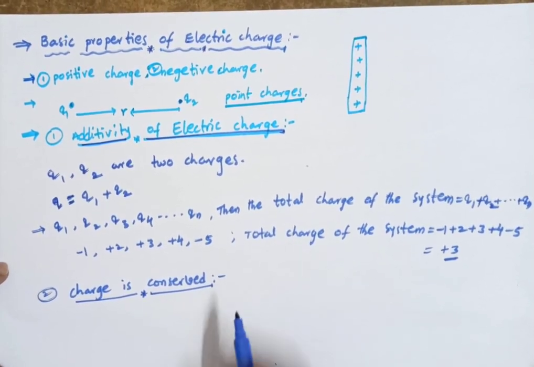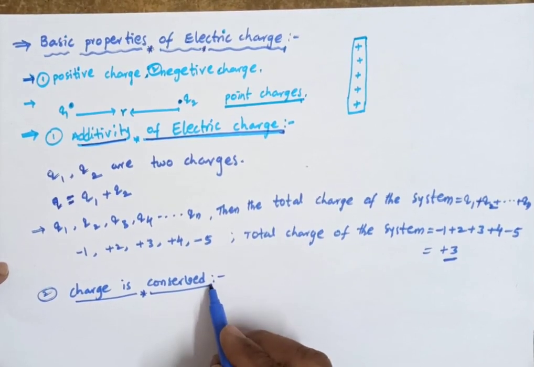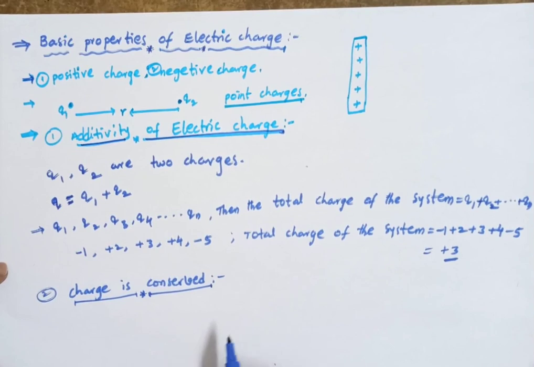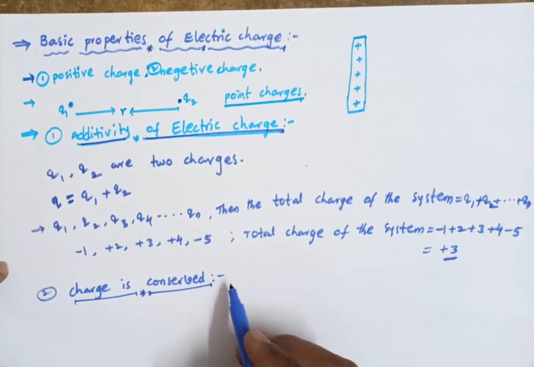For example, if a body is electrified by different methods, by friction, by induction, or by conduction, any method.